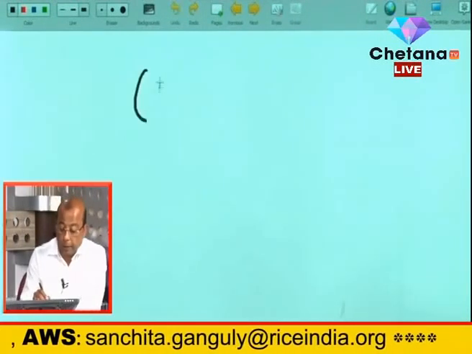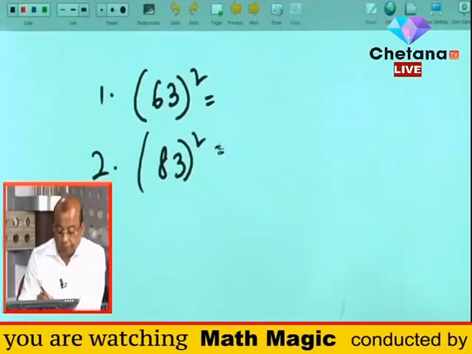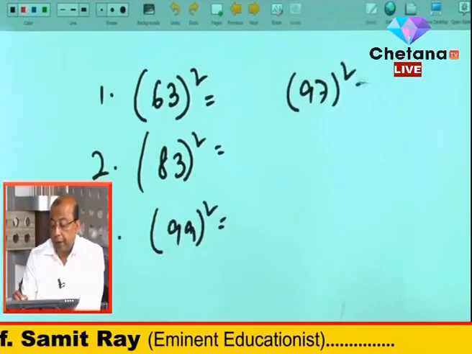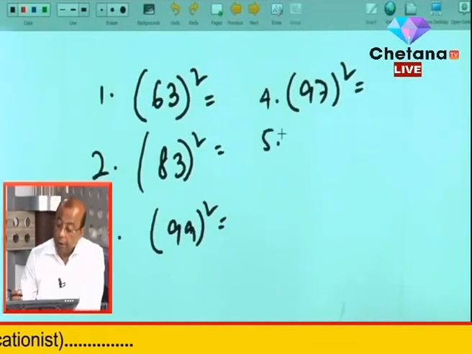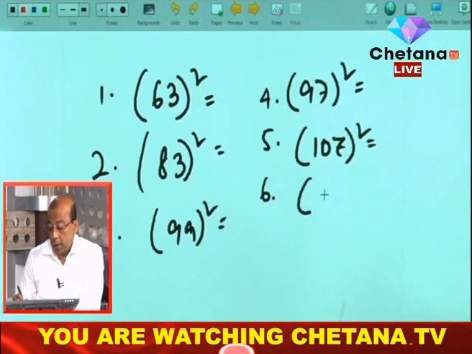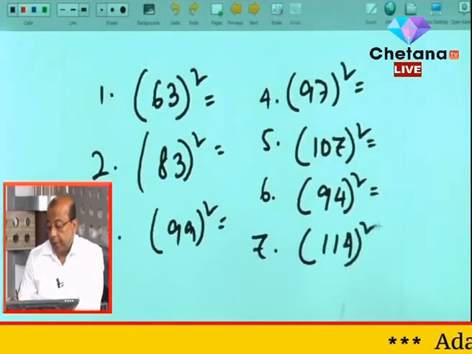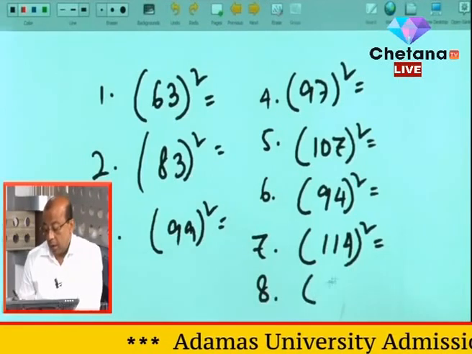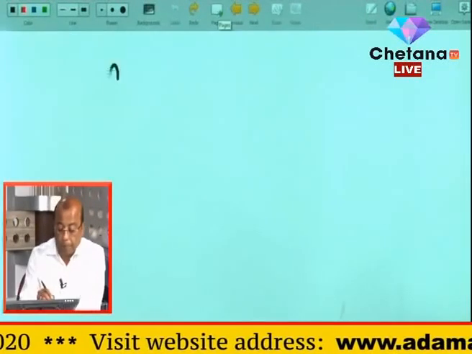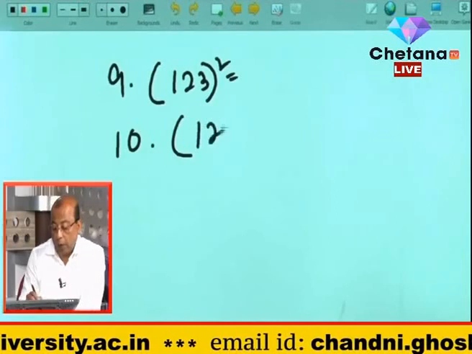Next, the method of square. 63 whole square, 83 whole square, 99 whole square, 97 whole square, 107 whole square, 94 whole square, 114 whole square, 117 whole square, 123 whole square, and number 10, 125 whole square.